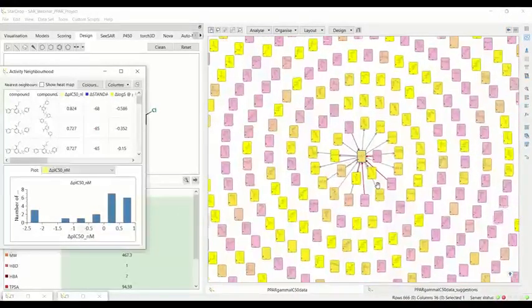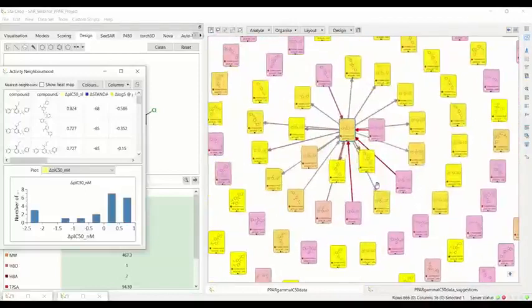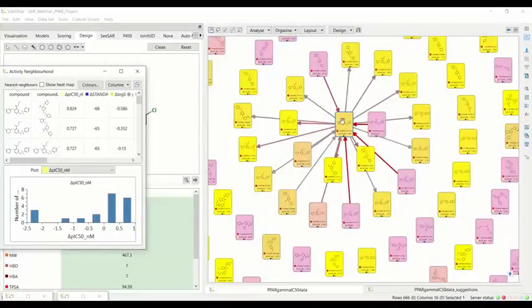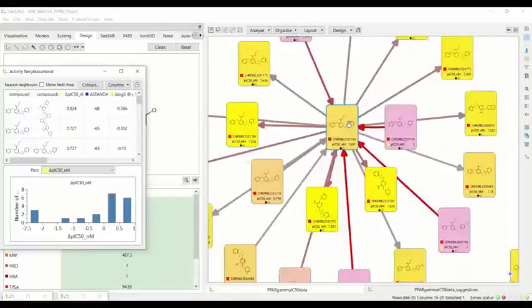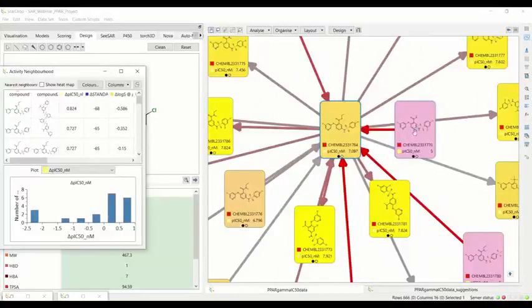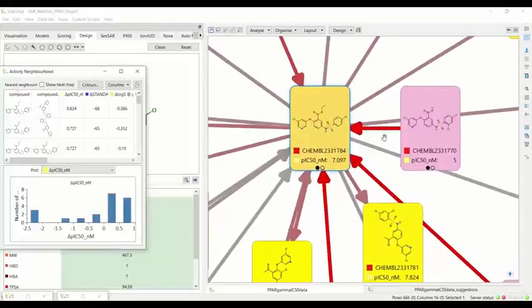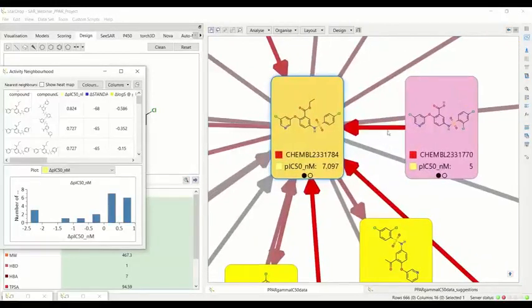And so again, all of the compounds within this data set are arranged in a spiral around our reference. The most similar close to it, and again the colors of the cards and the colors of the links show you this activity cliff, because these are red, indicating the difference, 2 orders of magnitude difference here. Now here we have the acid again that we saw previously compared to the ester.